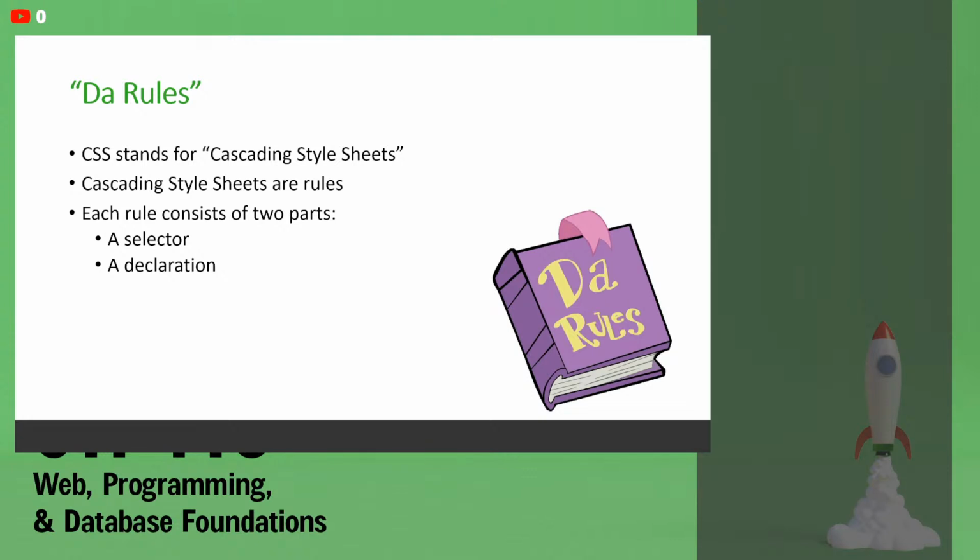We'll talk a little bit more about what that cascade means in the future. But when we think about what a cascading style sheet is, it's essentially just a set of rules, and these are rules that dictate how the content on our website will be displayed to us.